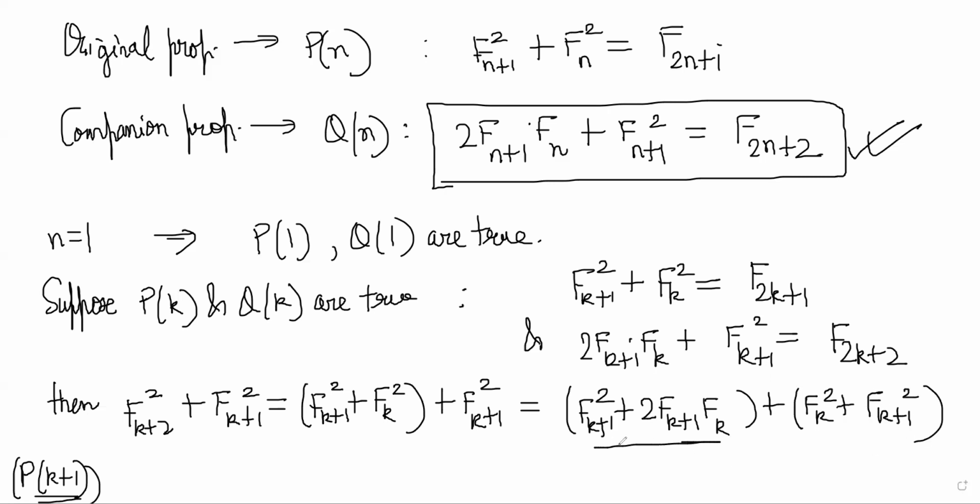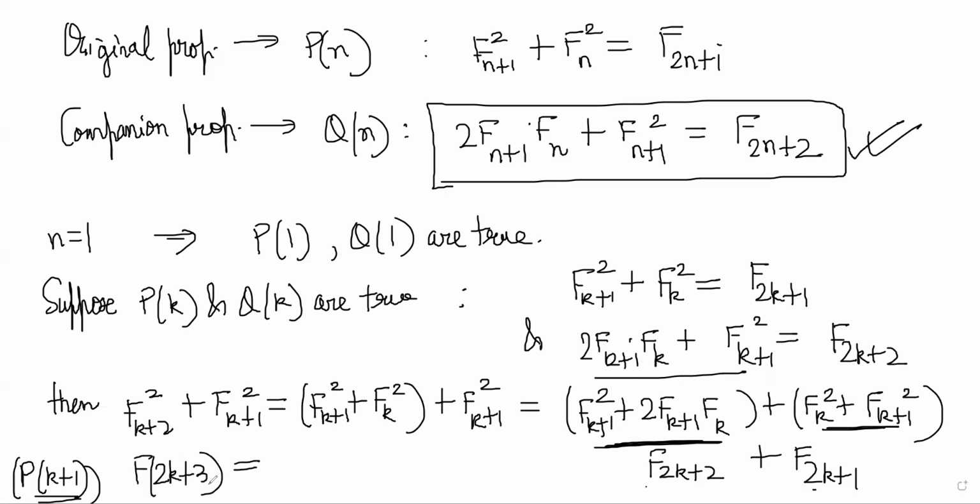Now using the fact that q of k is true, this term is equal to f of 2k plus 2, right? And using the fact that p of k is true, this term is equal to f of 2k plus 1, right? And f of 2k plus 1 plus f of 2k plus 2 is equal to f of 2k plus 3, right?